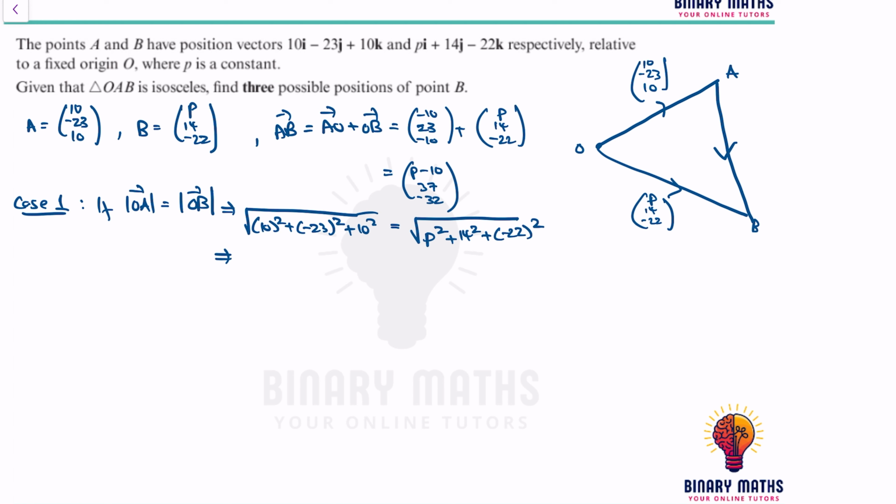Let's get rid of the square root and simplify. 10 squared plus 23 squared plus 10 squared gives us 729. And p squared remains there. 14 squared plus 22 squared gives us 680. Which implies p squared is equal to 49, so p is equal to plus or minus 7.